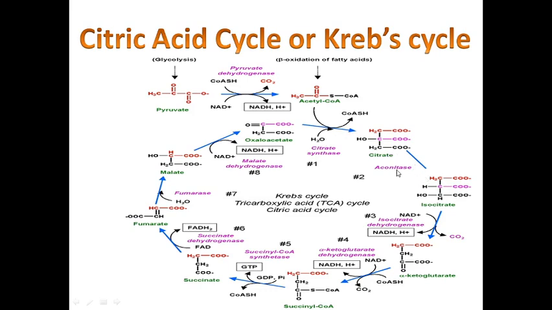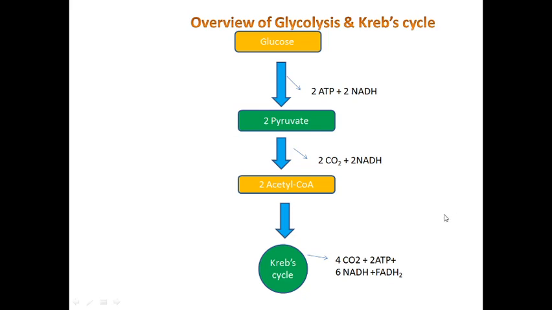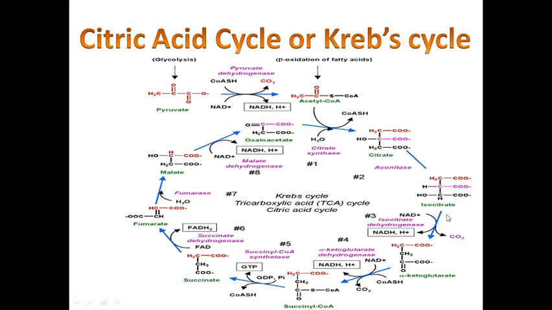In the presence of an enzyme aconitase, this citrate gets changed to isocitrate. Its configuration changes and it gets changed to isocitrate. See here, this is isocitrate. Now, in the presence of the enzyme isocitrate dehydrogenase, it gets dehydrogenated, and as a result what is formed?